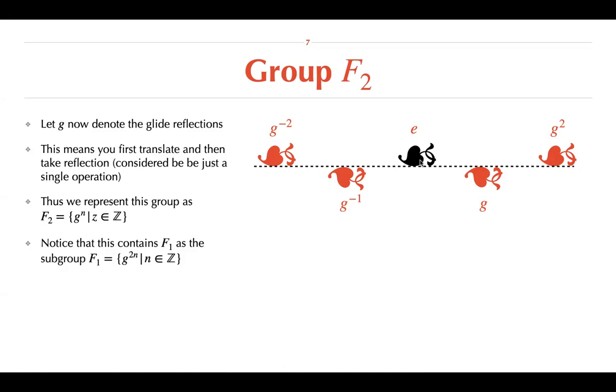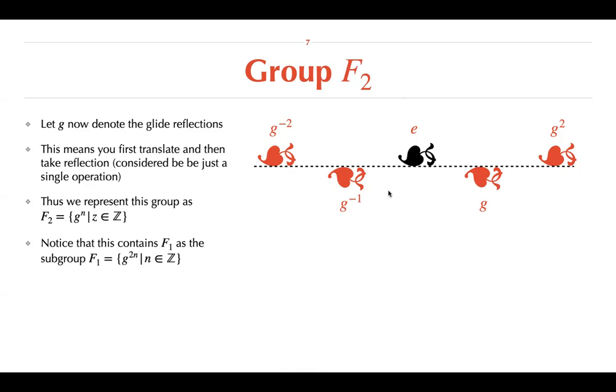Okay. And also you can see a similarity between this group F2 and group F1 that we saw in the previous slide: it is also actually generating these translations, but not for all values of n. If you take only even powers of g, that is g square, g power 4, g power 6, g power 8, then it's again translation only.